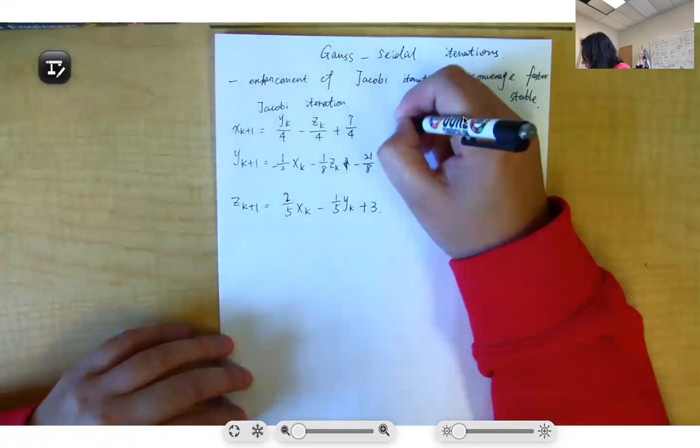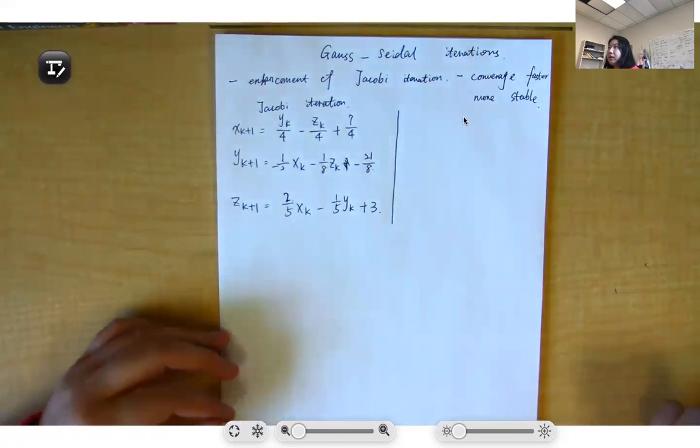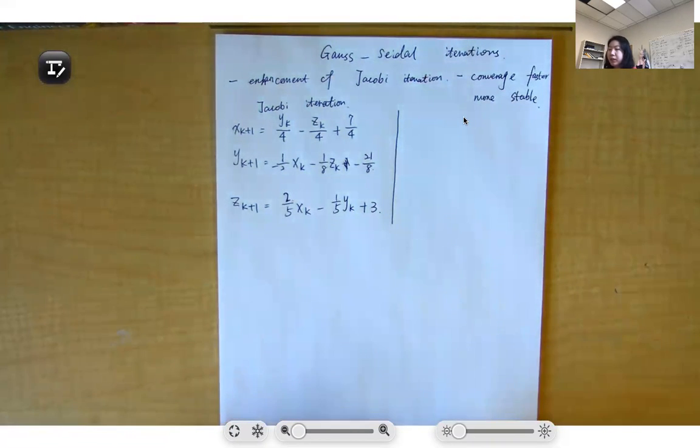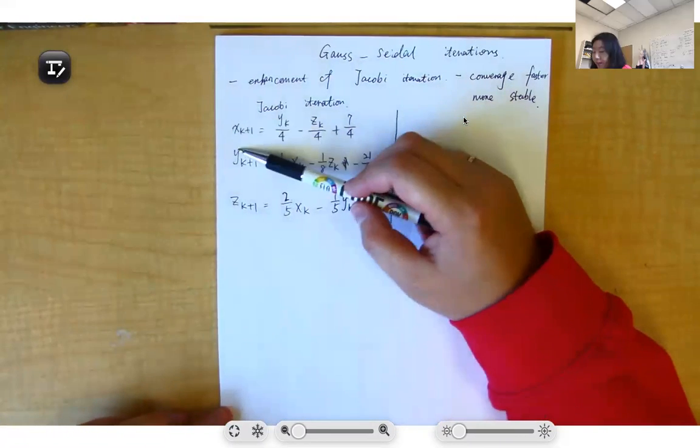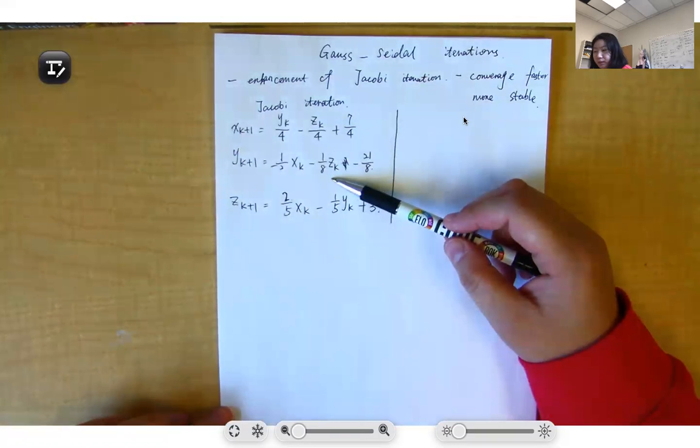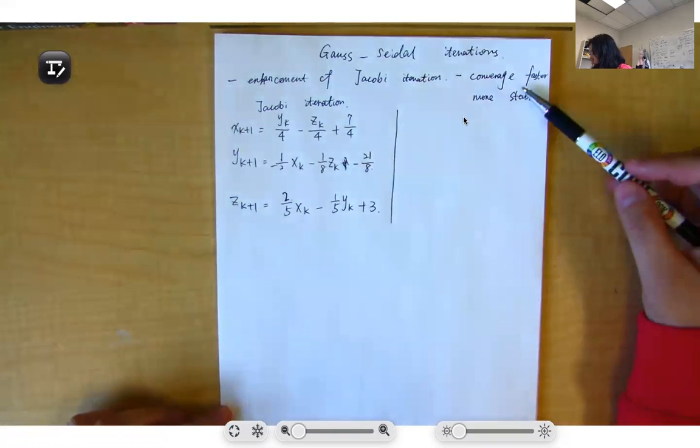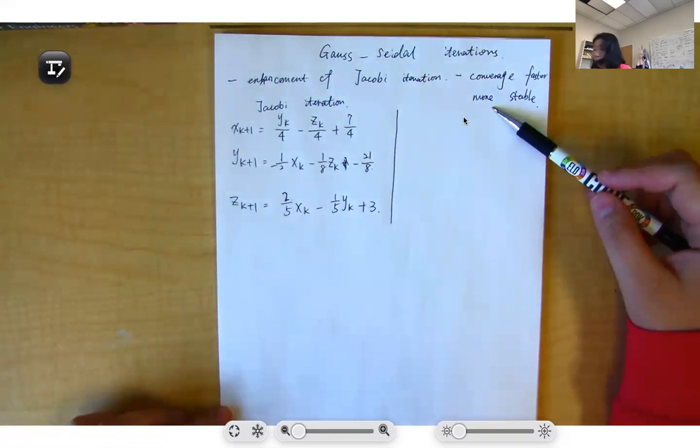Then let's see how the Gauss-Seidel works. The Gauss-Seidel basically uses the previously updated value in the next looping so that it can converge faster and more stable.